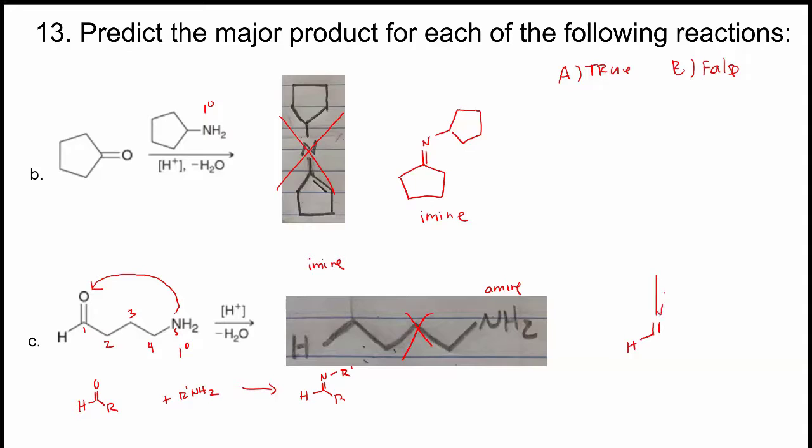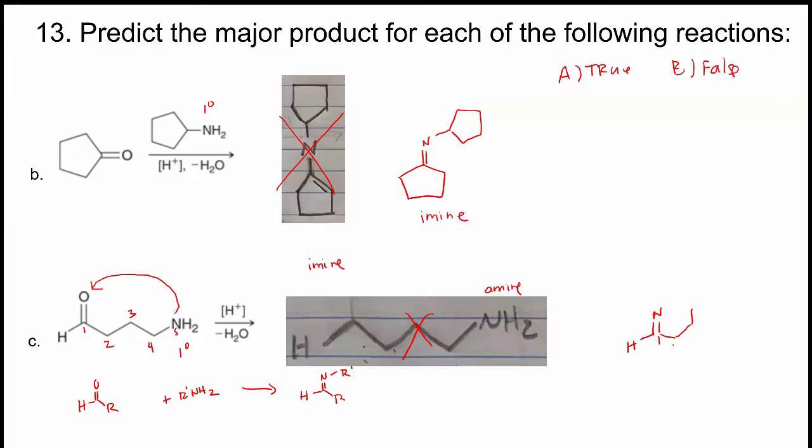The nitrogen will be here. I have 1, 2, 3, 4, and then 5. I have too many carbons. Okay, I started counting at the one next to it.